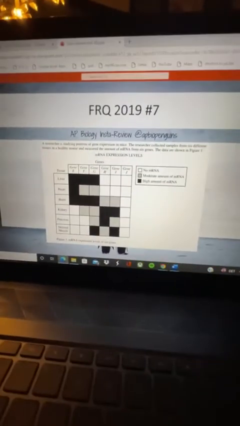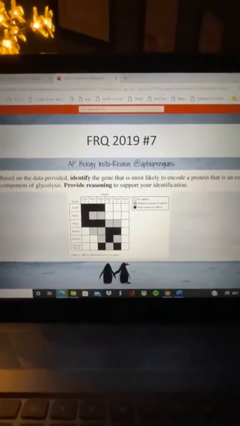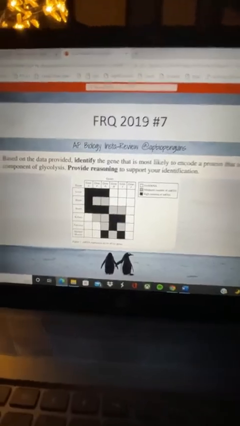So the question that we have is, based on this information, identify the gene that's most likely to encode a protein that is essential for glycolysis. That's unit 3. So glycolysis, we know, takes place in all cells, right? So you're looking for mRNA that's going to be found in all of your cells, because all your cells undergo glycolysis.